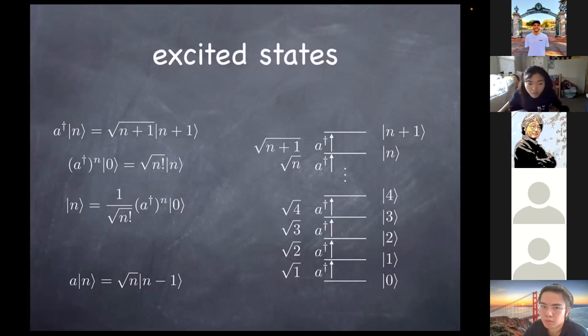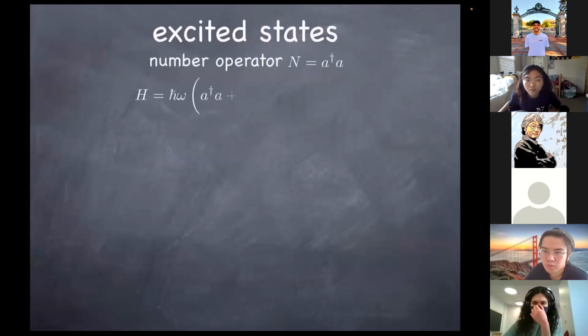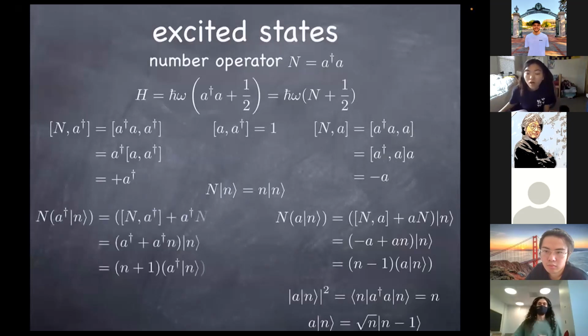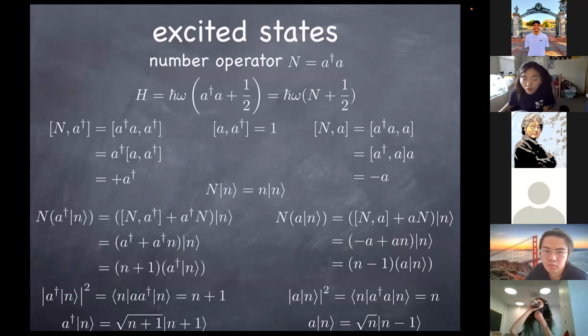I have a question I might have missed because my Zoom crashed. Can you go back one slide? This one? Yes. For the right-hand side, when we apply the number operator on the state where A acts on the number state n, how does the right-hand side, the first line, come out?